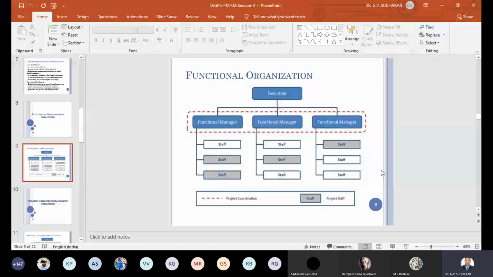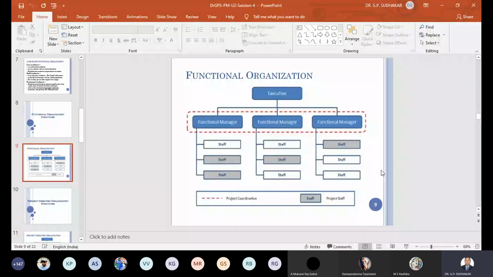Again, communication goes down the hierarchy. From vice president marketing, it goes down to the marketing manager and then to the marketing executive, right? So the entire path takes that shape. It has to go to the higher authority, and at the vice president level the coordination will be there, and he will communicate to the other vice president, and the communication goes down the hierarchy. That is the characteristic of functional organization structure, right?